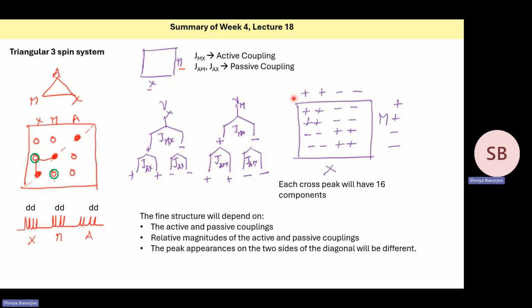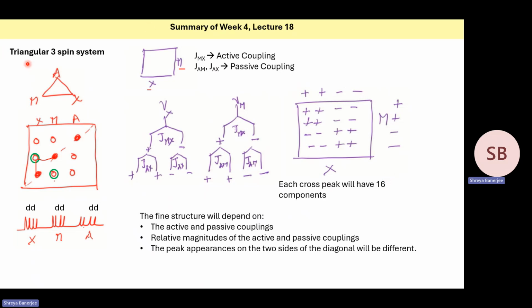In the x-axis, we are writing X: plus plus minus minus, plus plus minus minus. Similarly, we are multiplying. So now we will have 4 into 4, 16 components. So the fine structure of each cross peak will have 16 components.